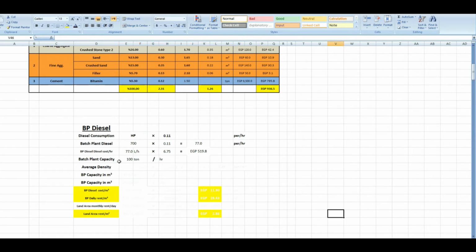Batch plant capacity. If we consider that the capacity of the batch plant is 100 ton per hour, it can be more, can be less. Okay, we consider we have a little bit or average batch plant gives 100 ton per hour, and this is weight.